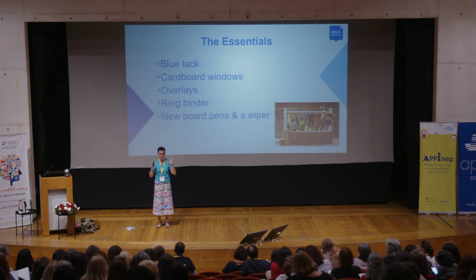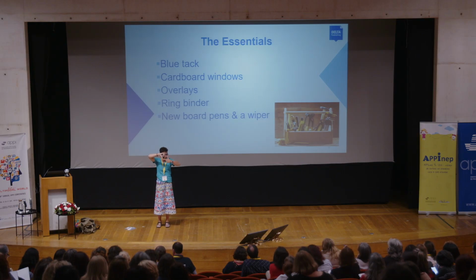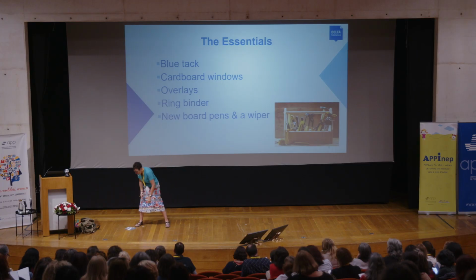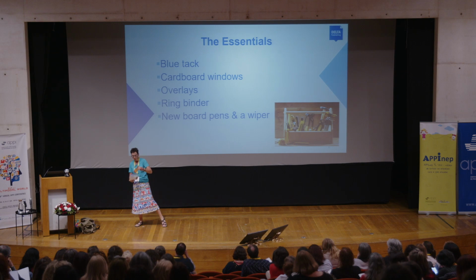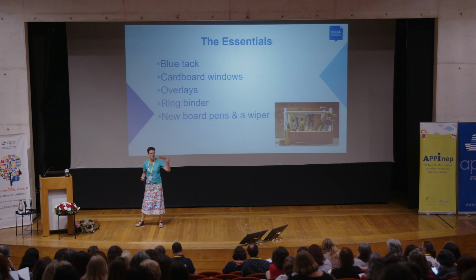I'm sorry, they may look wonderful to some people, but really complete overload for me. Okay, so your cardboard windows will help you with that as well. And of course, then you do have loads of overlays and things like that of various colours, which you may see.